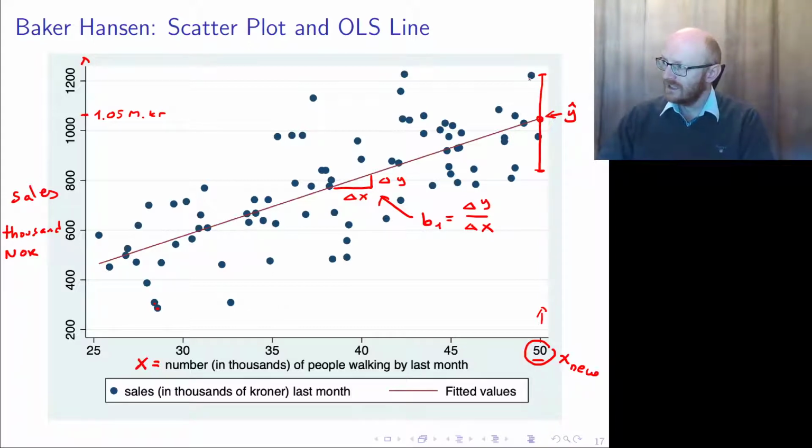But you see that there is kind of a variation around the regression line, which is not possible to explain by the regression line itself. So how can we make a certain band around the regression line, like a forecast probability around the regression line, to say something about the certainty of our prediction?